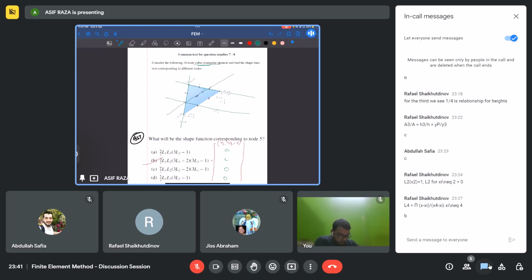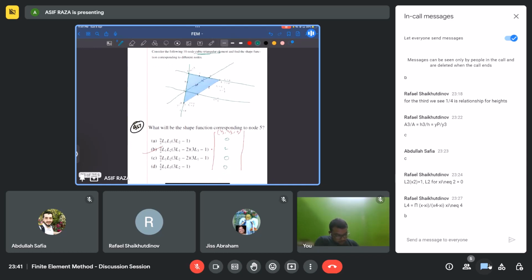So this covers all the nodes except node 5. So that is correct in one way.